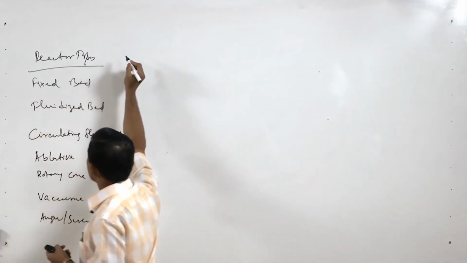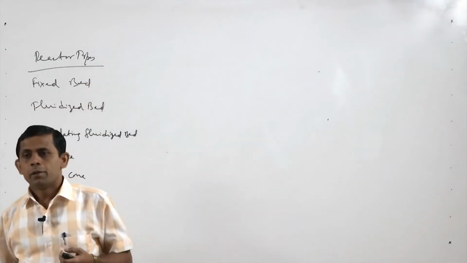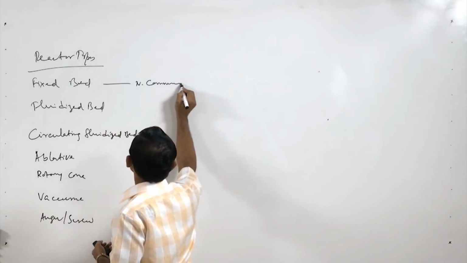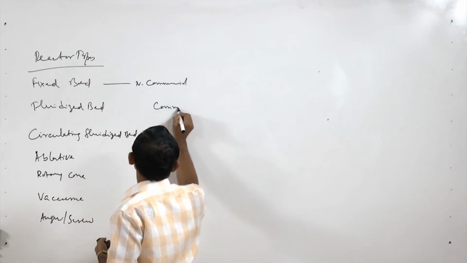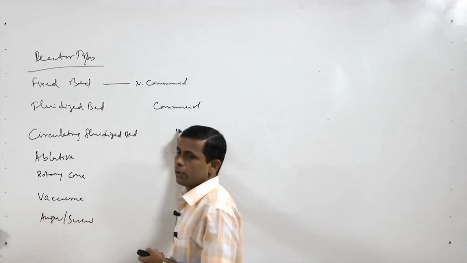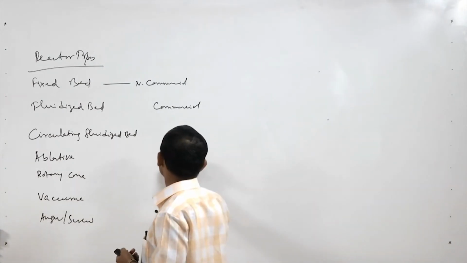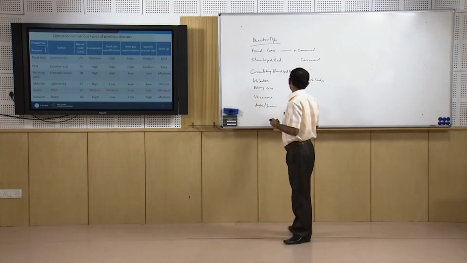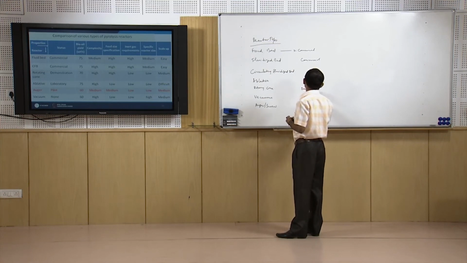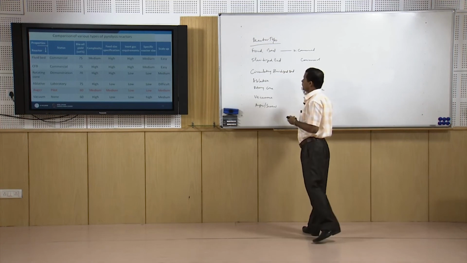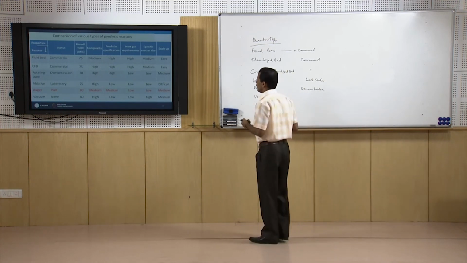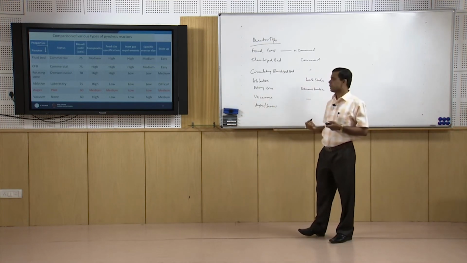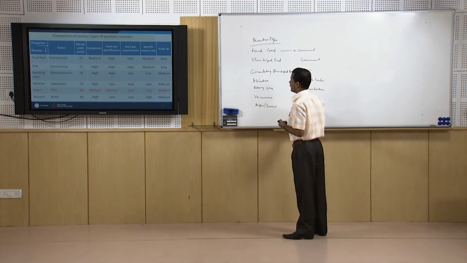If these are the types of reactors, let us see which one is commercial. Fixed bed is not commercial, fluidized bed is commercial, circulating fluidized bed is also commercial, ablative is lab scale, rotary cone is demonstration scale, vacuum is not widely reported, and auger is in pilot scale.